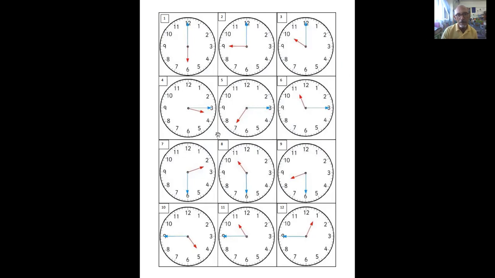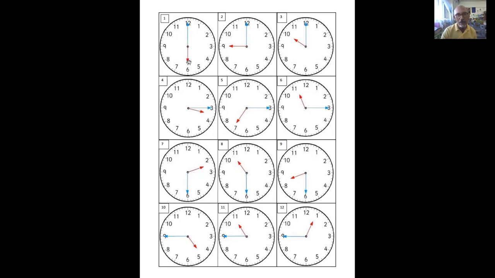We're just worried about minutes and hours and how to read the clock. Okay, so looking at the hands of the clock, the blue hand is the longer hand. That longer hand is the minutes. And the shorter hand, the red hand, is hours.